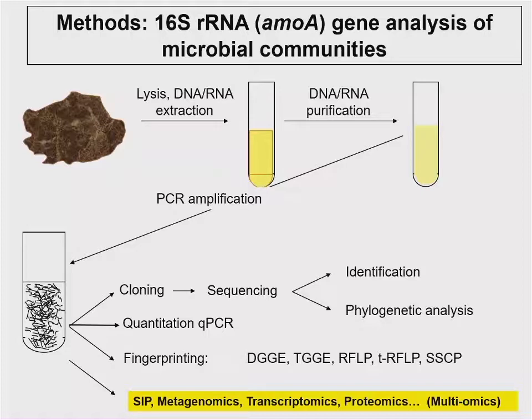So different DNA can move with different speed, and also different size of DNA and the DNA composition will differentiate on the gel. So in this way, we can see the fingerprinting profile of each soil. But now we have a much more approach.